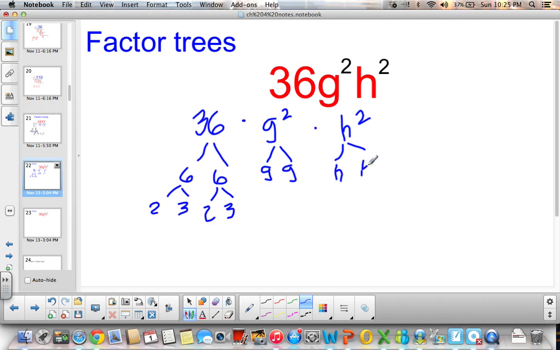So then we know we have two 2's, so then we would have 2 squared times 3 squared, because again, I know that these are all my prime numbers.